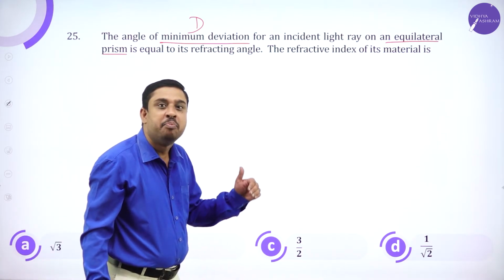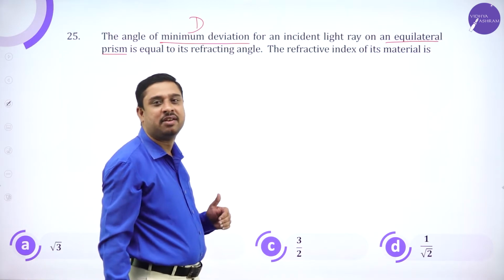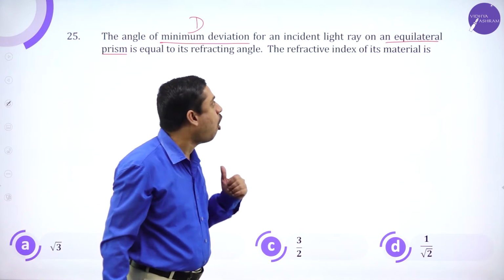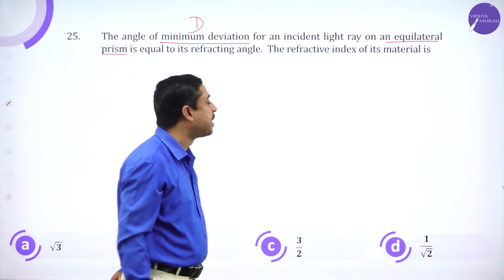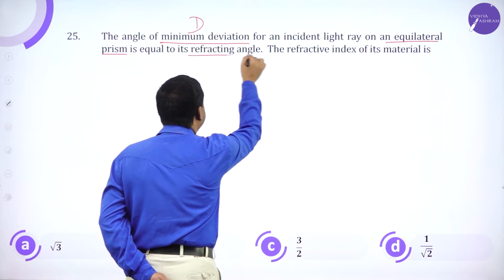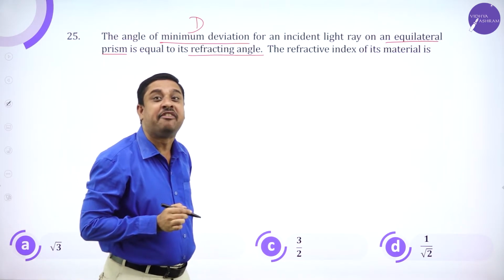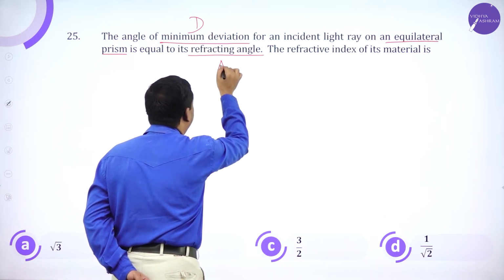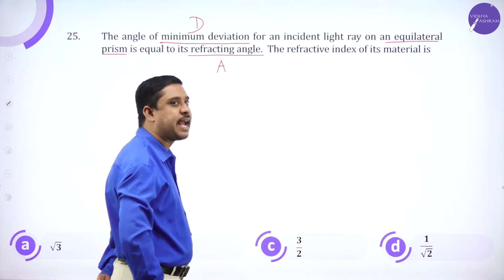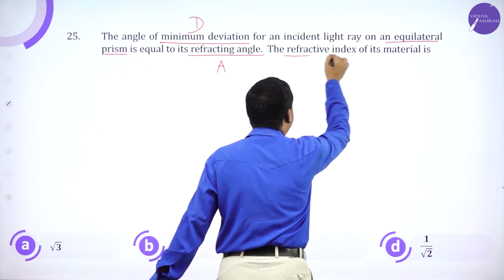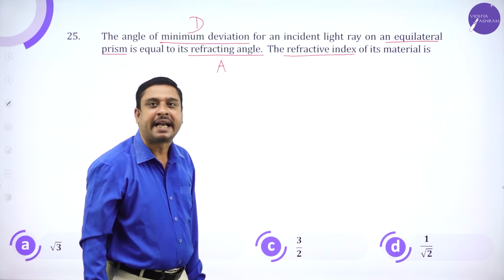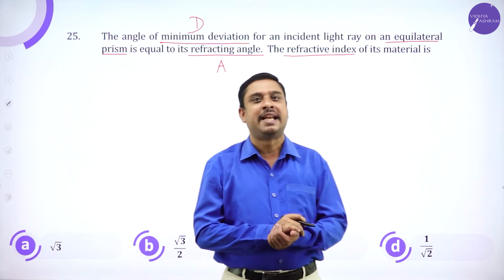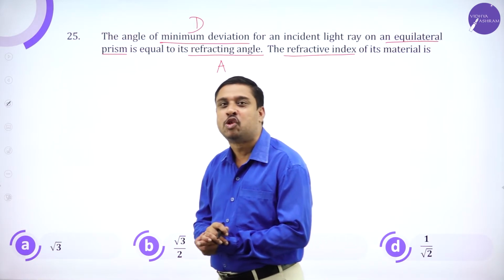angle of minimum deviation for light incident on an equilateral prism is equal to the refracting angle. Refracting angle is nothing but A. Then I have to calculate the refractive index. What is A for an equilateral prism, students?